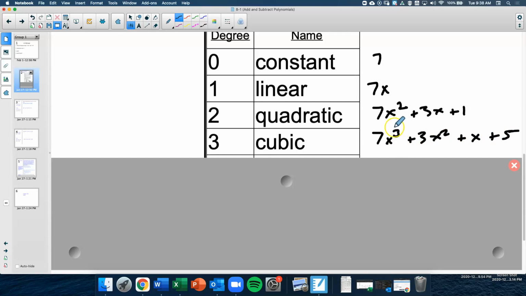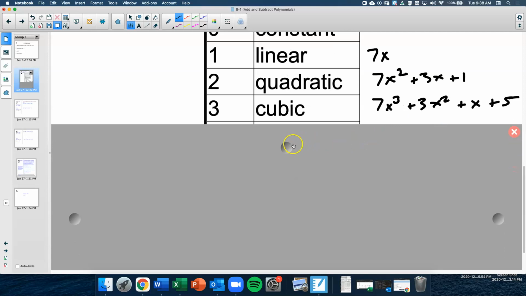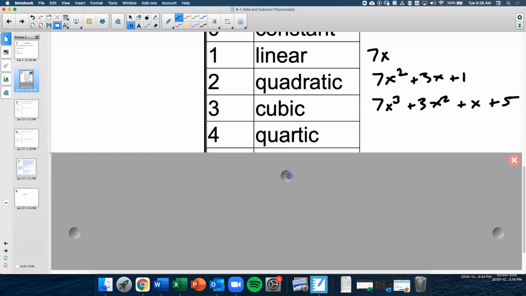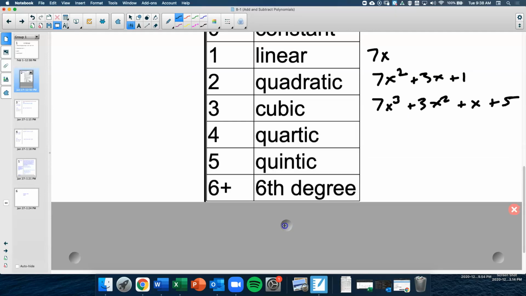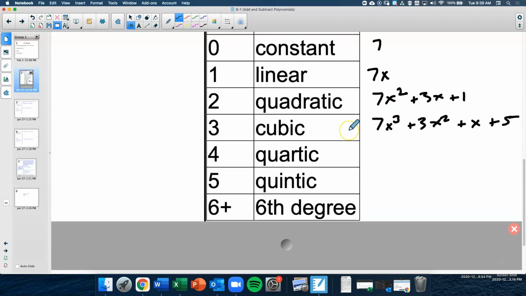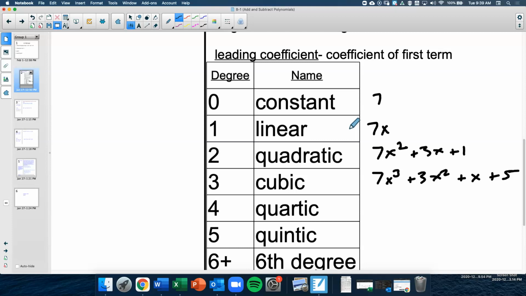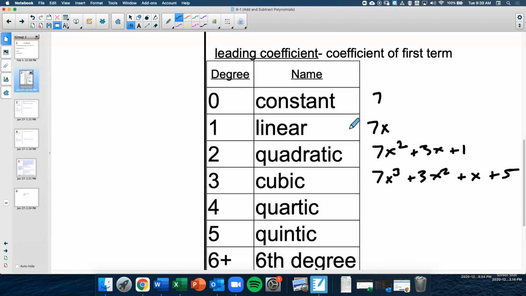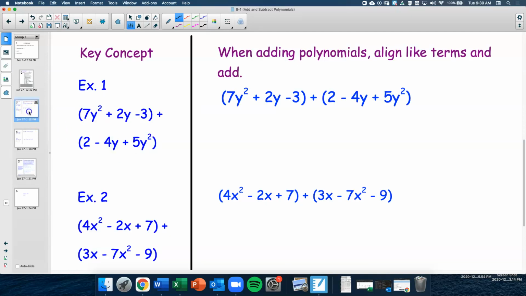So the highest degree is 3 of this polynomial. Quartic is for 4, quintic for 5, and 6th degree and above are just 6th degree, 7th degree, 8th degree. No special names. So there we go with the names of constant, linear, quadratic, cubic, quartic, depending on what the highest degree is. Okay. So now let's get to adding them.